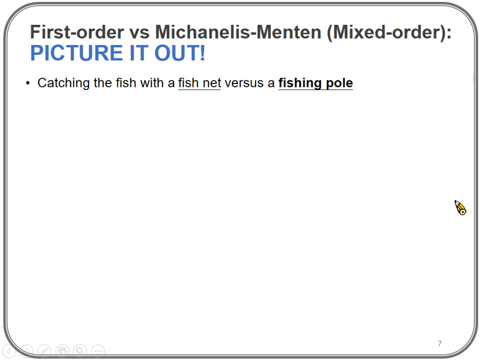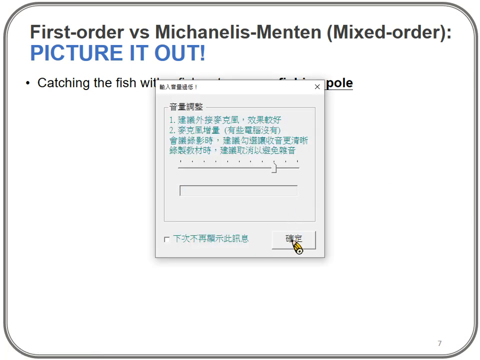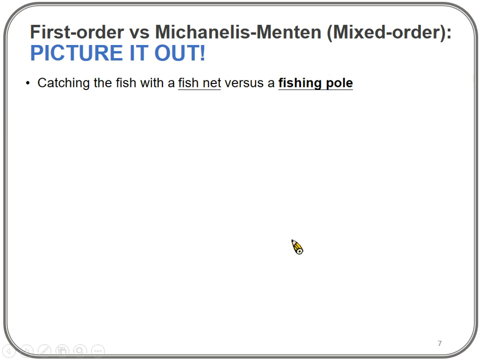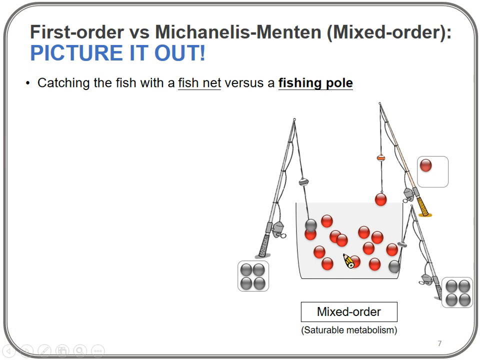And when it goes to the mixed order or Michaelis-Menten model, the fishnet, as the clearance, is replaced with a fishing pole, which means it has a saturation upper limit in terms of metabolism.